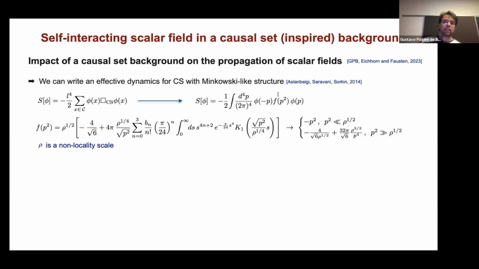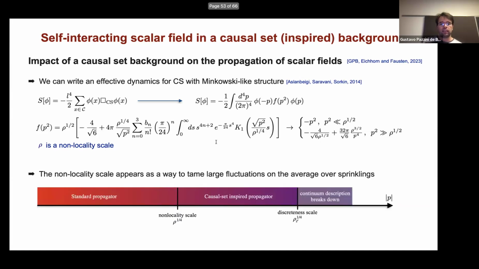then you can write this kind of effective action in terms of Fourier modes, where this f of p essentially corresponds to the spectrum of the causal set D'Alembert in this class of sprinklings. This has this kind of nasty expression here. So a lot of the things that we did was done numerically.